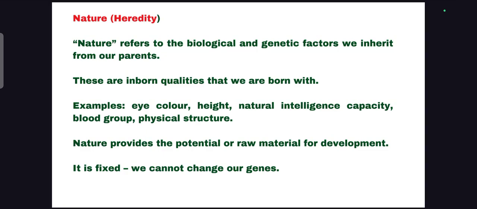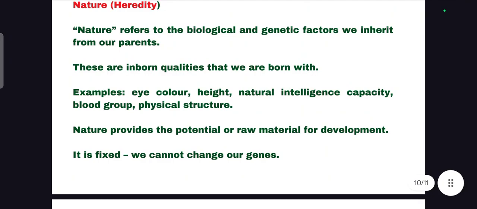Nature refers to the biological and genetic factors we inherit from our parents. These are inborn qualities that we are born with. Examples: our eye color, height, natural intelligence capacity, blood group, physical structure. These all things are due to nature, that is our genetics or heredity.